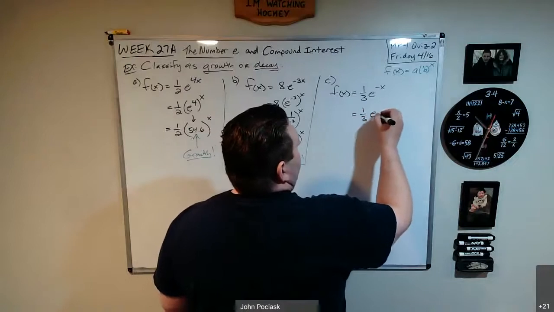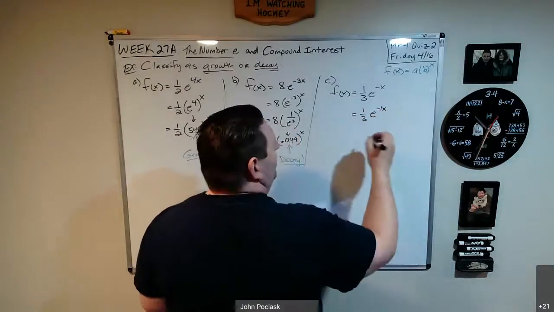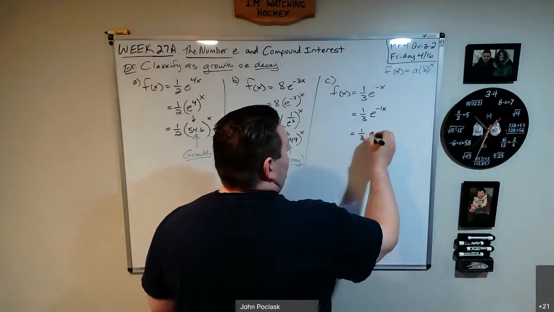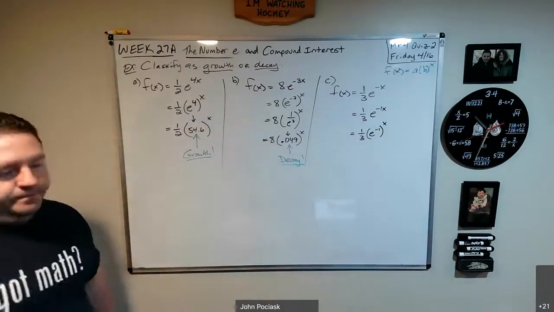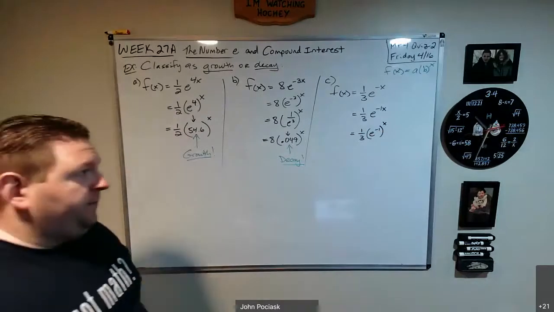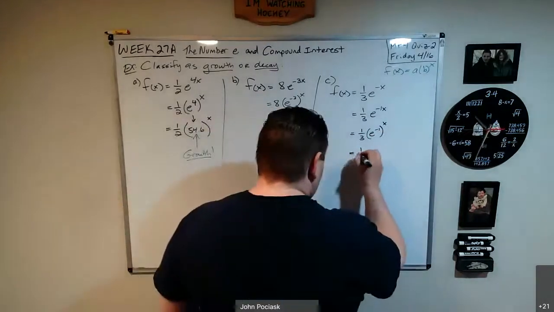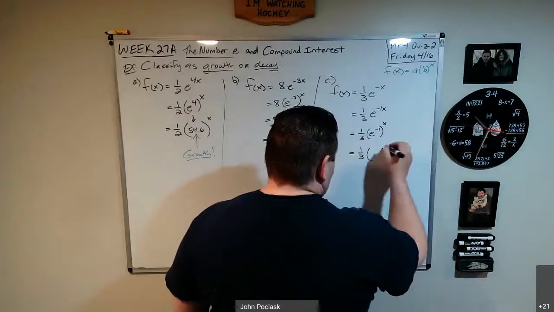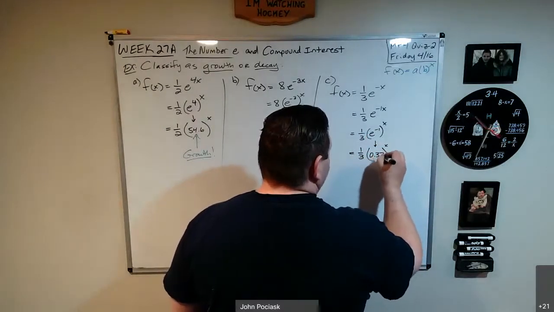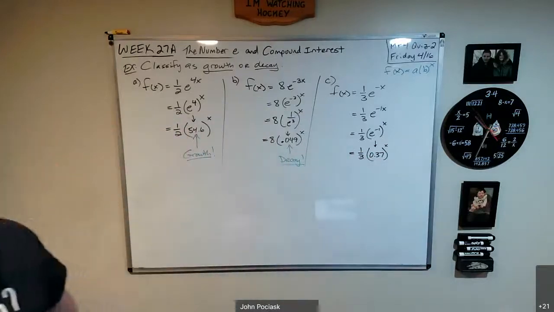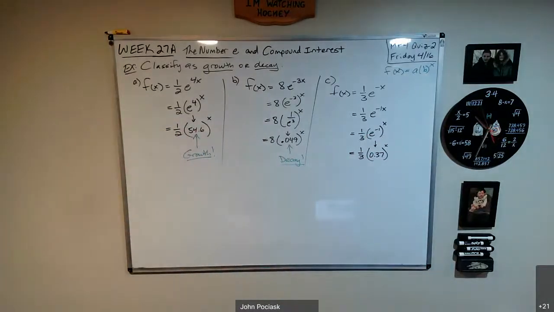So e to the negative x is technically e to the negative 1x. I guess that's a little bit of a curveball, I suppose. Right, so it's e to the negative 1. That's 1 over e, or, in the calculator, that comes out to be, we did that before, I think it was 0.37. And so that's also another decay.